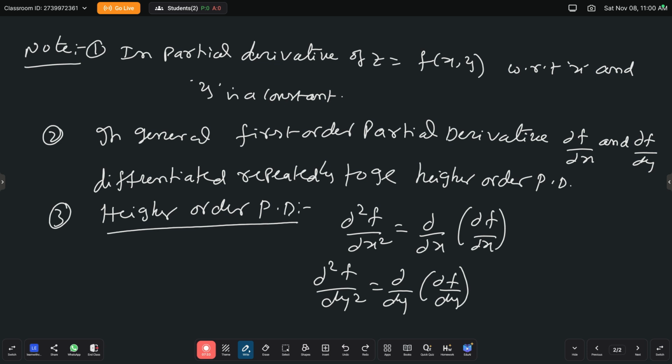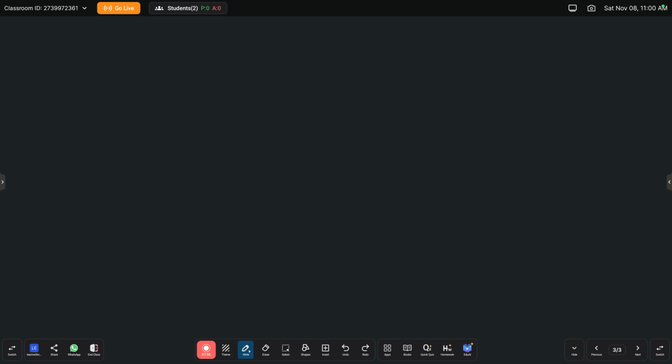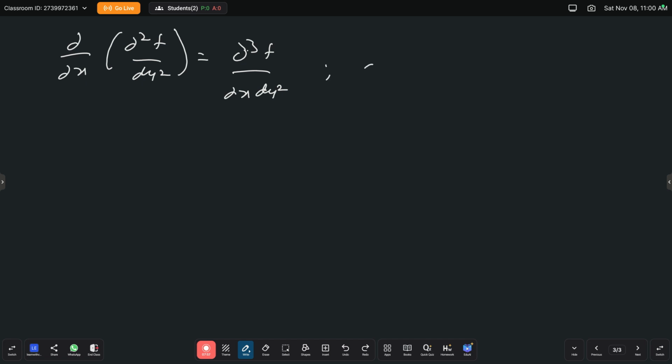Okay, and the next one, in the higher order derivative, dou by dou x of dou square f by dou y square equals dou cubed f by dou x dou y square. And similarly, dou by dou y of dou square f by dou x square equals dou cubed f by dou y dou x square.